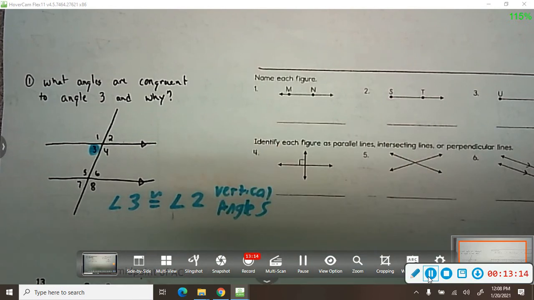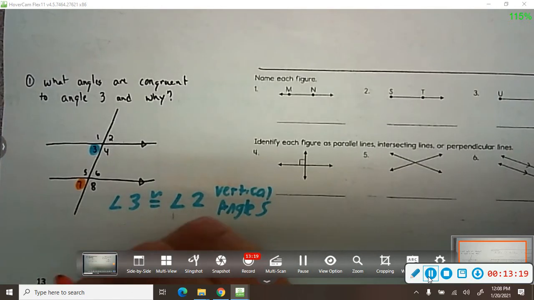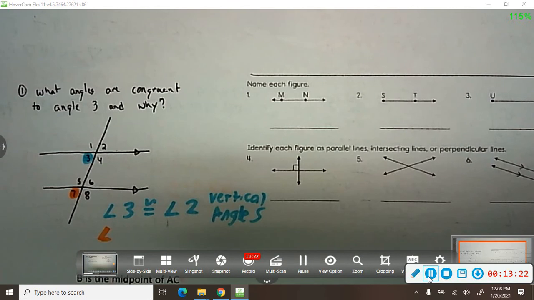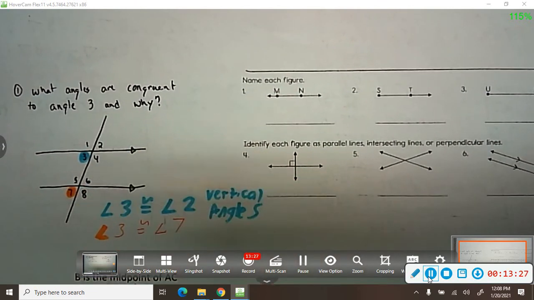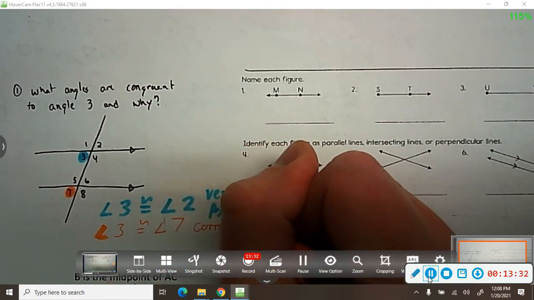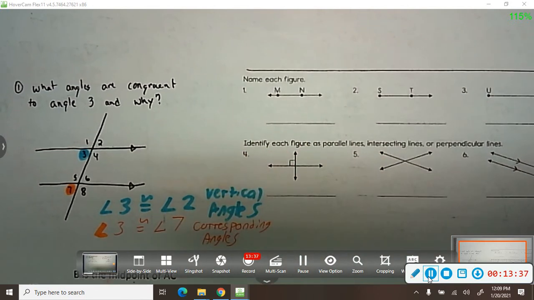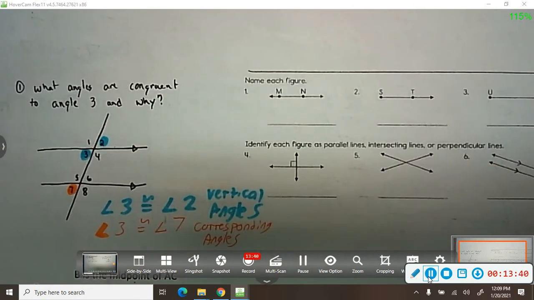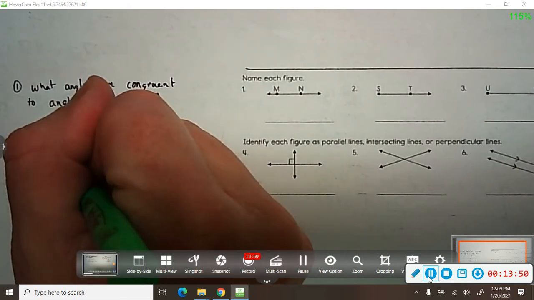I also know that angle 3 is congruent to angle 7. I'm using a huge pen. Angle 3 is congruent to angle 7. How do I know that? They're corresponding. And then I know that angle 3 is congruent to angle 6.